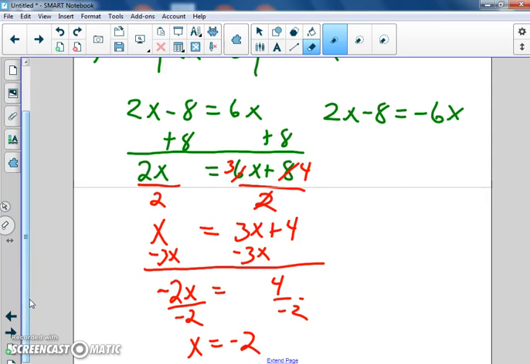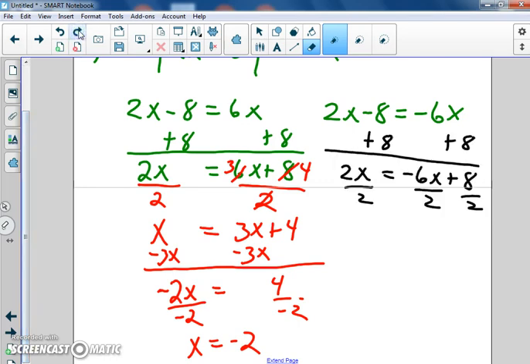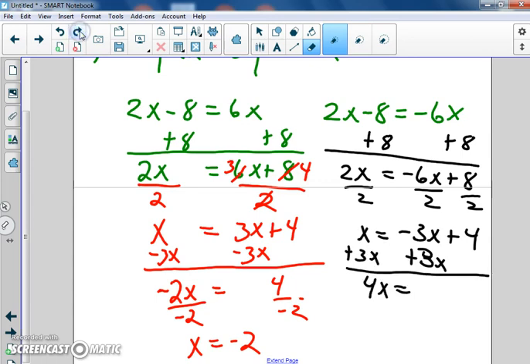Okay, add 8 to both sides. Divide both sides by 2. X equals -3x plus 4. Add 3x to both sides. 4x will equal 4. Divide both sides by 4.